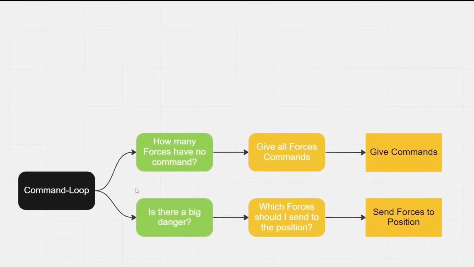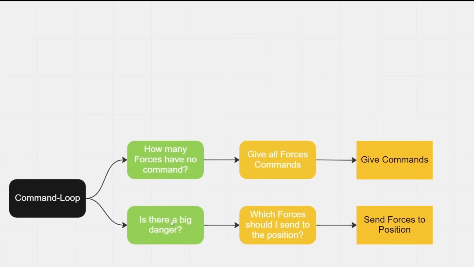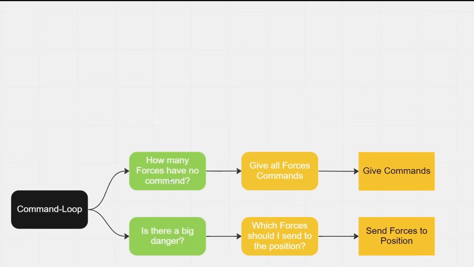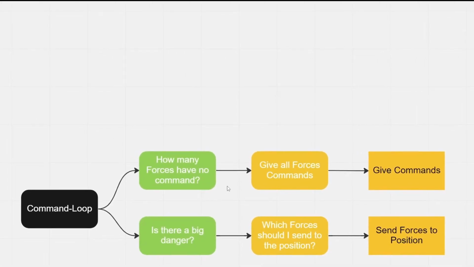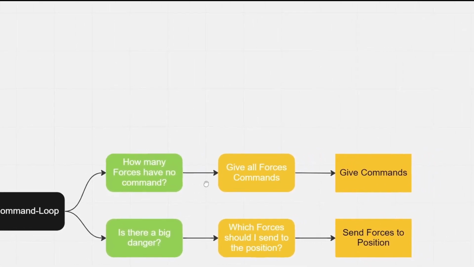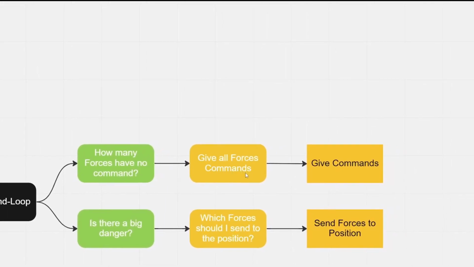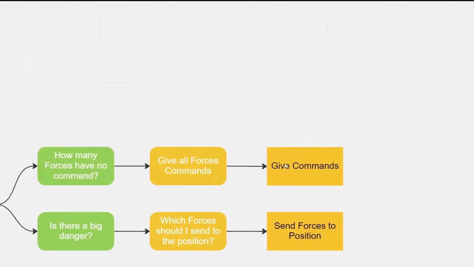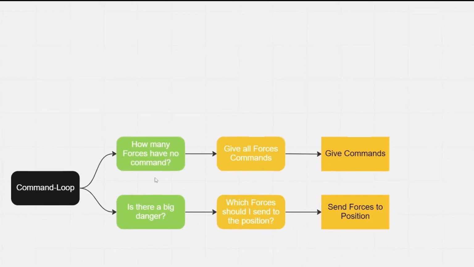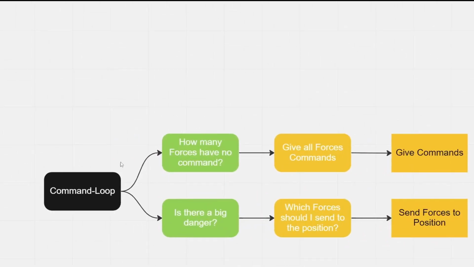And if there's no big danger, we just need to know how many forces and which forces do not have a command. So they are just idle or protecting something, and then we can give those forces new commands. And this is basically how the command loop works.